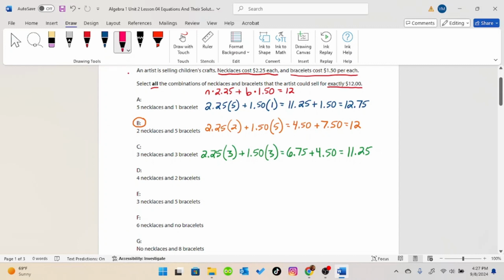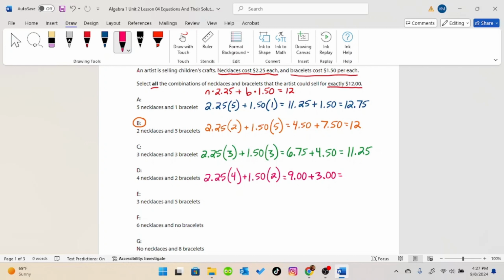Option D. We have $2.25 times 4 necklaces plus $1.50 times 2 bracelets. $2.25 times 4 is $9, and $1.50 times 2 is $3.